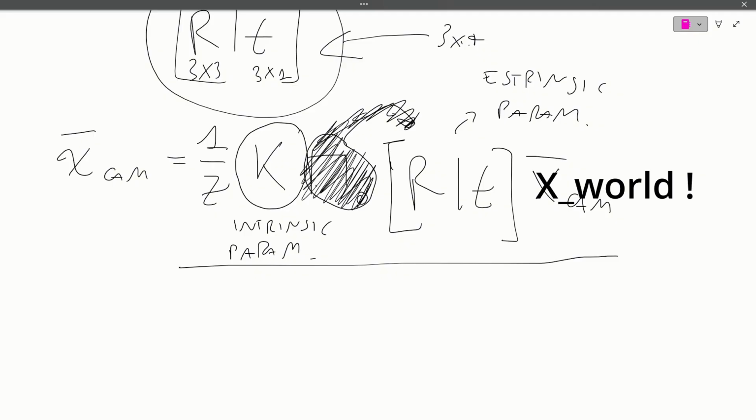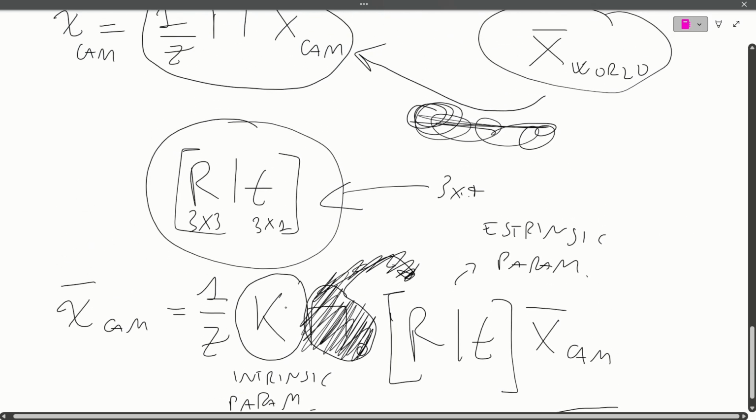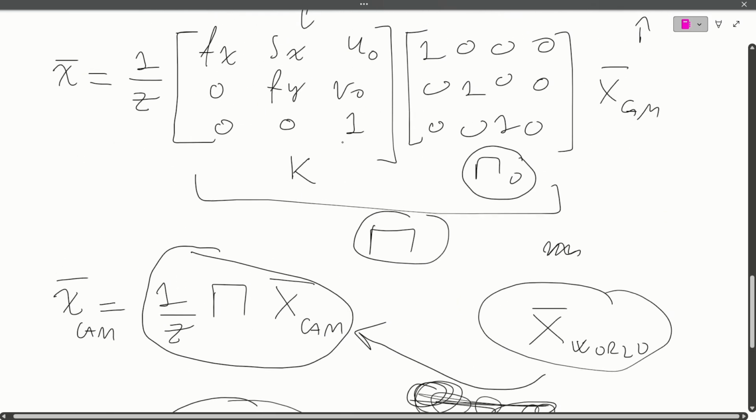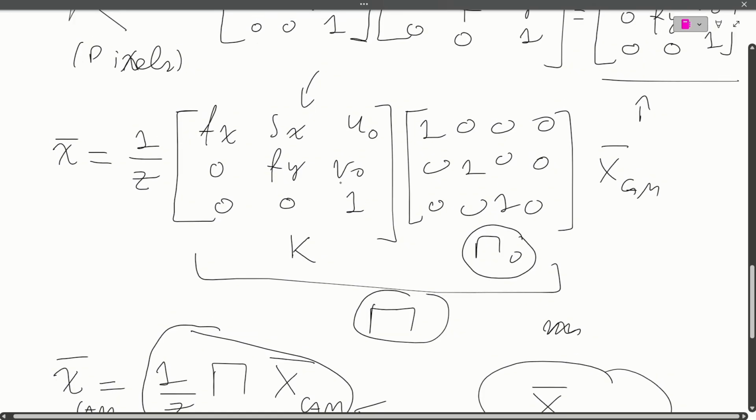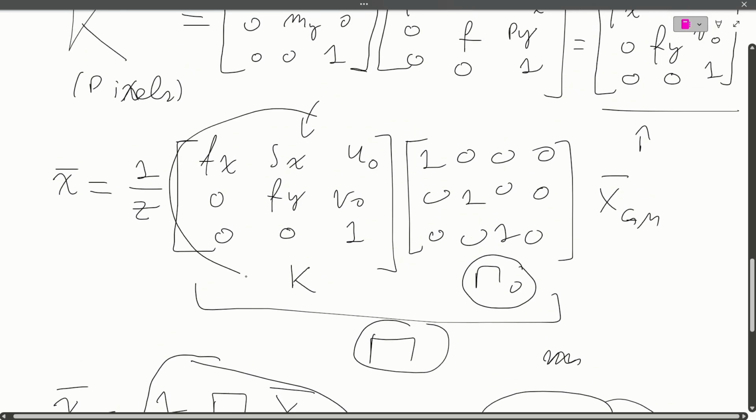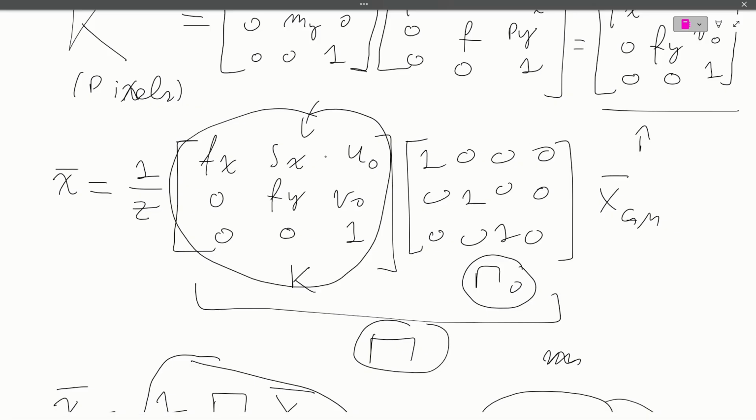Why is that? It's what I said before. K controls the transformation that is inside the camera. This just depends on the type of camera that you have, the dimension, the model, and the settings of the camera.